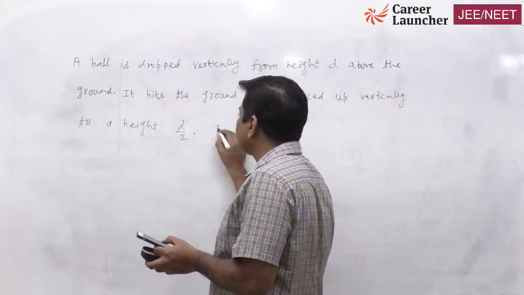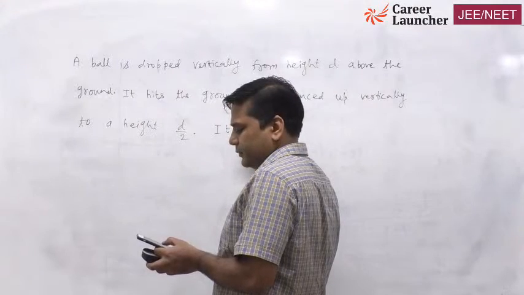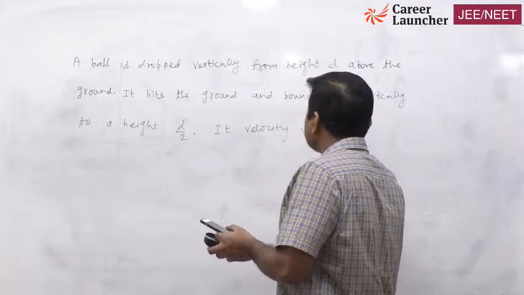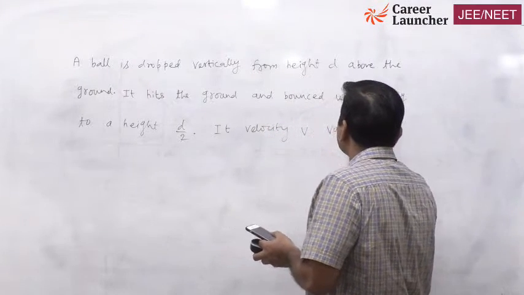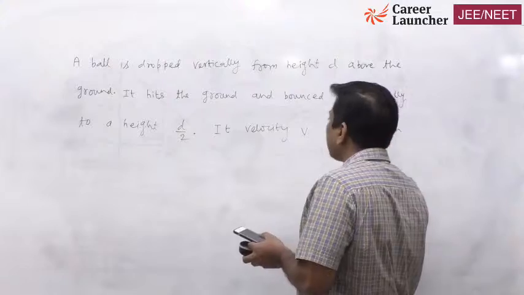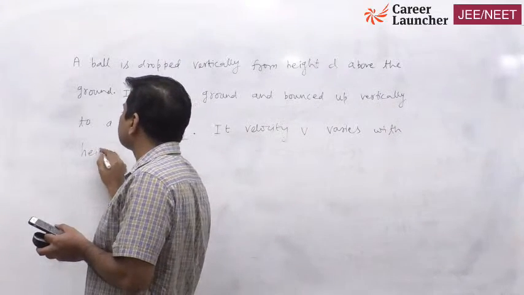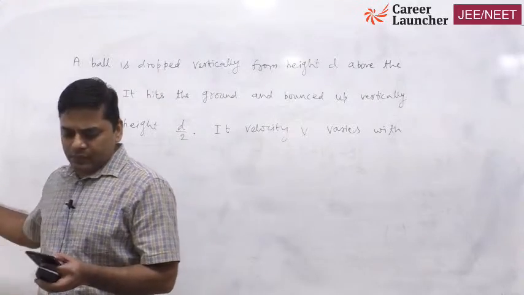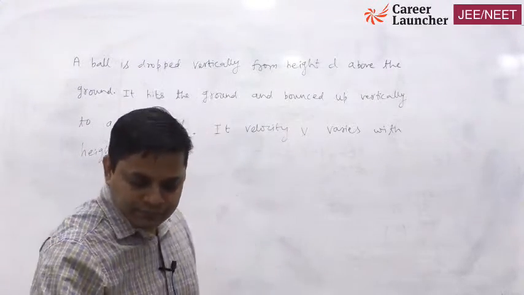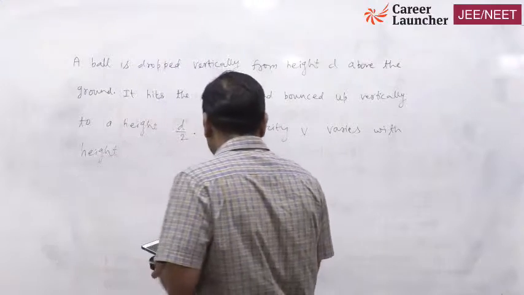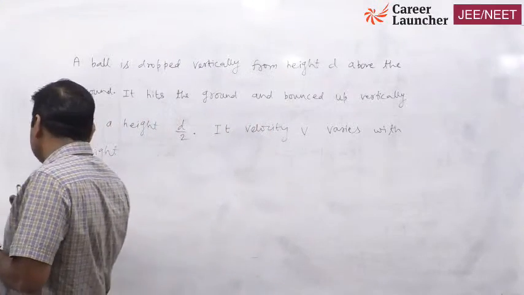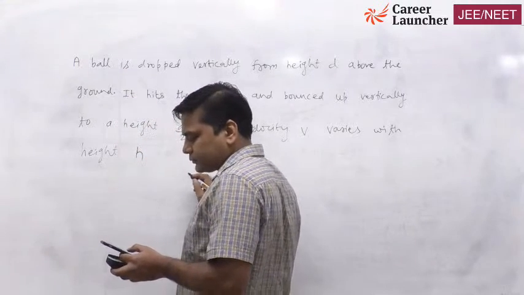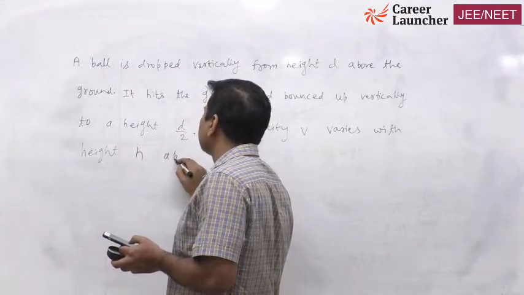Its velocity v varies with height h above the ground.